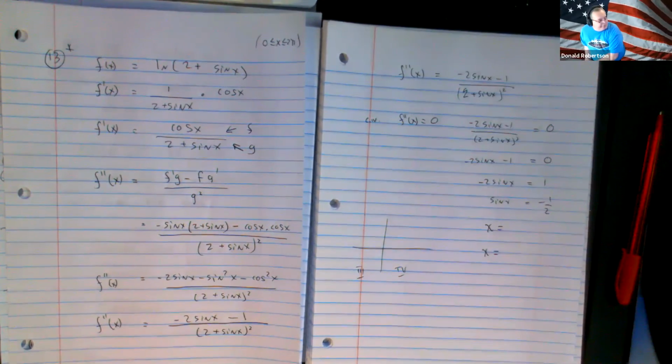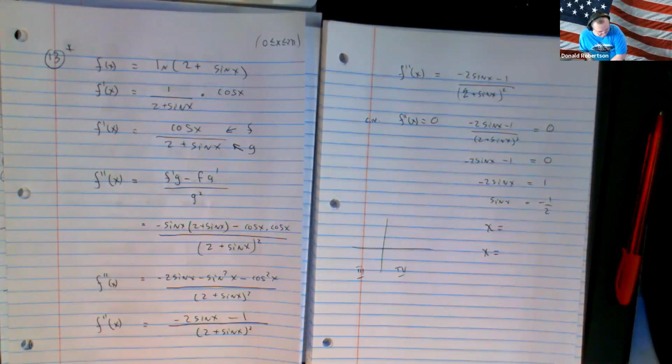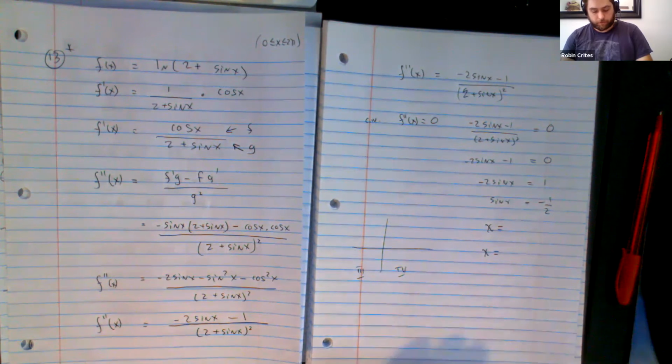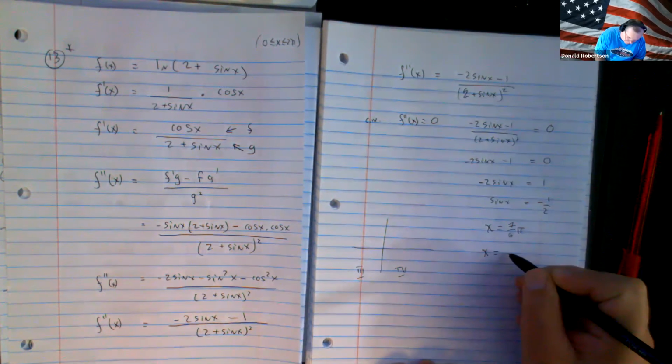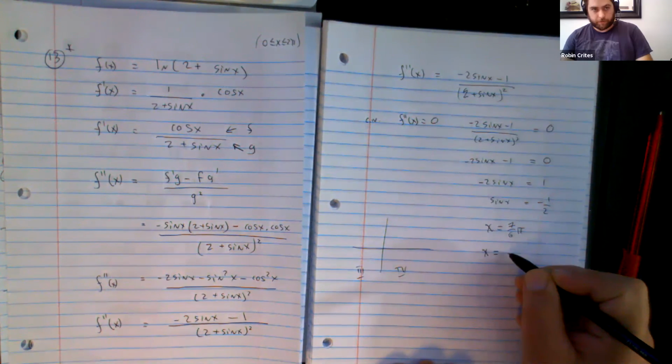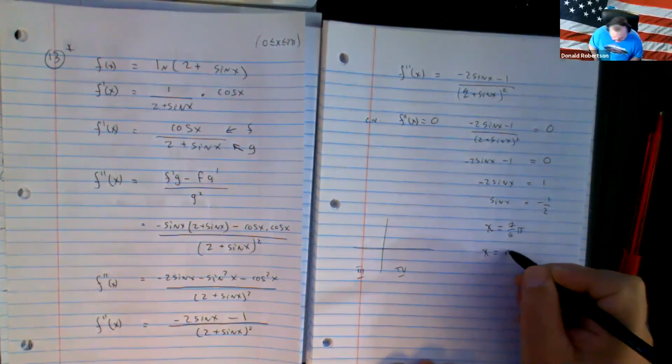When is a sine a half? In the third quadrant, negative half, I should say, and in the other quadrant. 7 pi over 6, good. And in the fourth quadrant, 11 pi over 6, right?